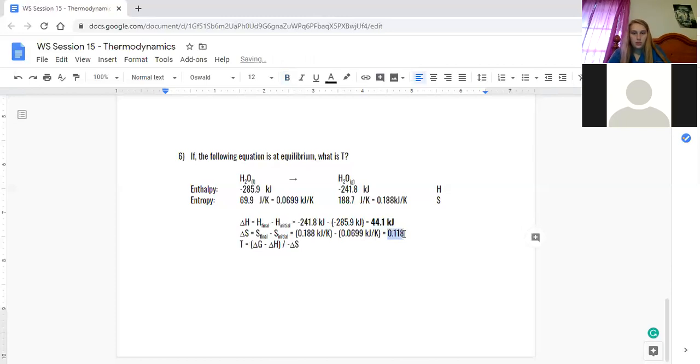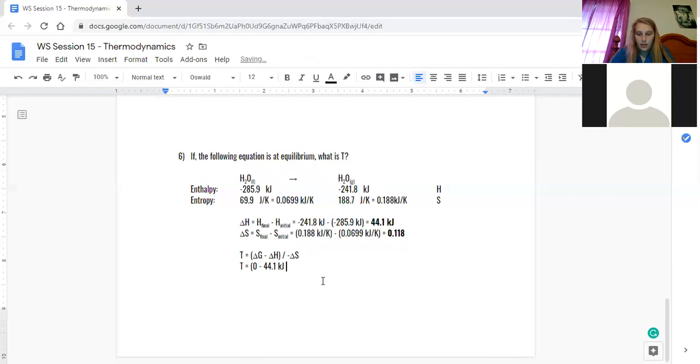So T equals delta G, which we know is 0 because we're finding it at equilibrium, minus delta H, so this value here, 44.1 kilojoules, divided by our negative delta S here.